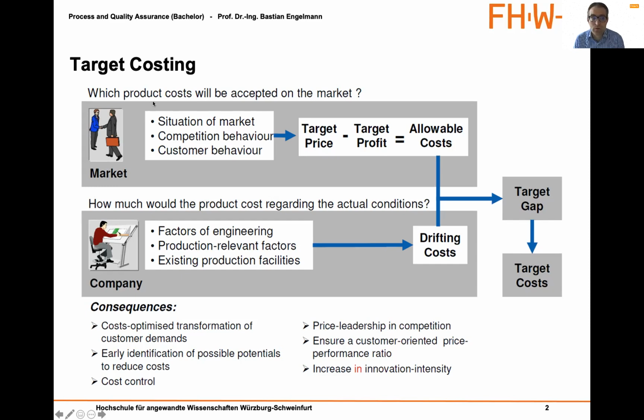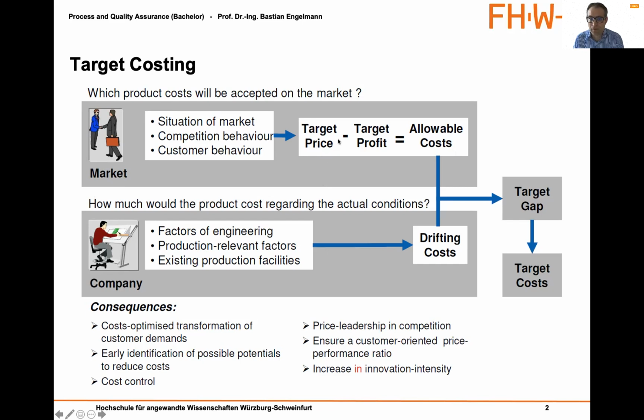That is really an important aspect of target costing. So what we would do is, at first, we would try to find out how much the market is willing to pay for our product.